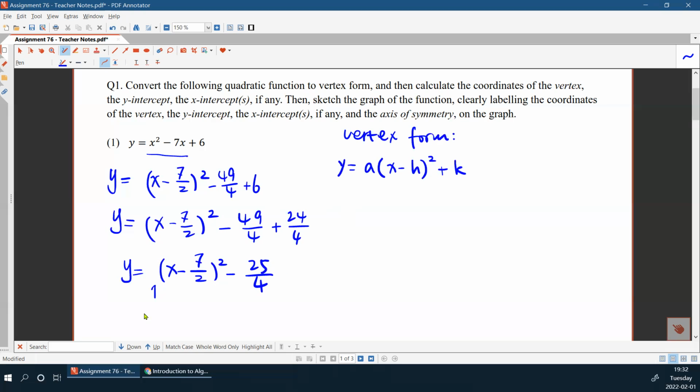So our a here is 1, and h here is 7 over 2, and k here is negative 25 over 4. All right, so first of all, the coordinate of the vertex is 7 over 2 and negative 25 over 4, right?